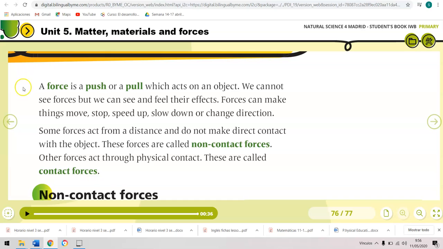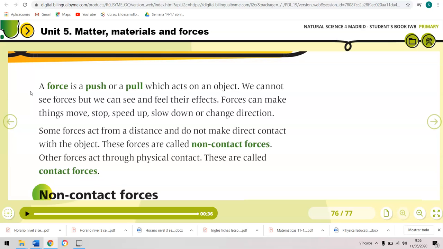All right, easy. A force is a push or pull, okay, which acts on an object. Can you see forces? No, of course not, but we can see an effect. A force can make you stop something, move something, make something go faster or go slower or change direction.